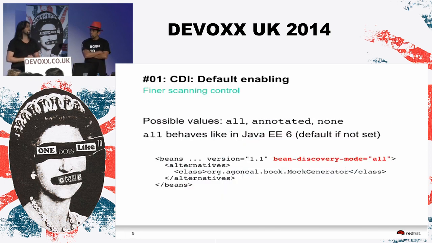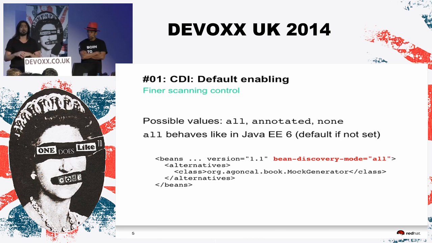Feature number 1, for those of you who are fed up of having empty beans.xml, because if you don't have a beans.xml file in your classpath, it just doesn't work. In 1.1, the beans.xml has become optional. So if your beans have an annotation, ApplicationScoped, SessionScoped, Named, they are automatically detected by CDI.